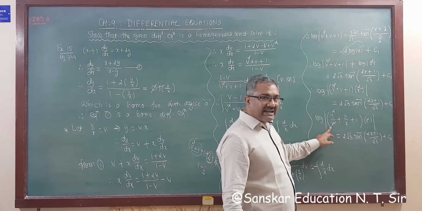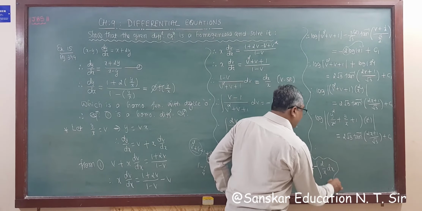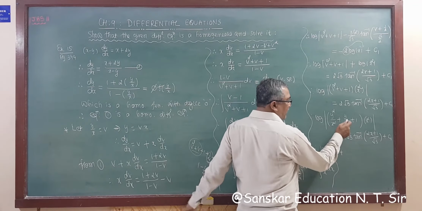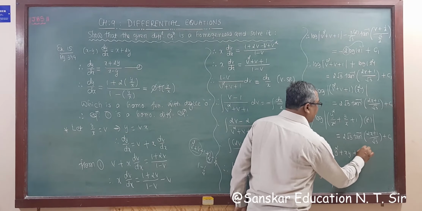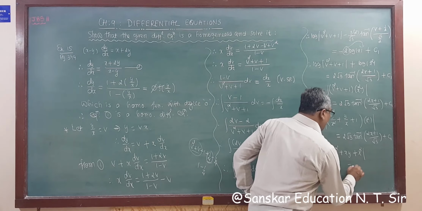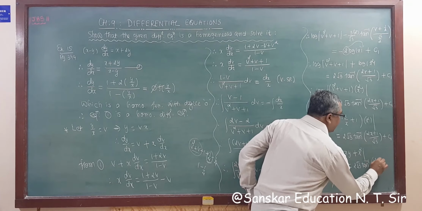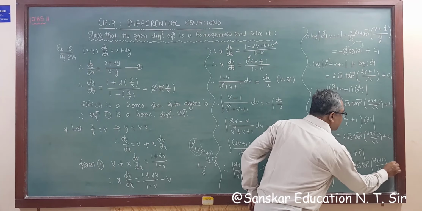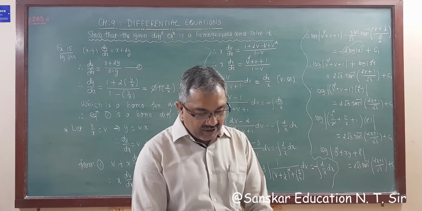Now taking x square LCM, and this x square will be cut, so we get log modulus y square plus, we have to multiply by x here, x square plus x square, right, and this x square and this x square will be cut, is equal to 2 times root 3 tan inverse twice x plus 1 upon root 3, right, and plus c1, right. This is your answer. I hope so. This answer is given in your textbook.